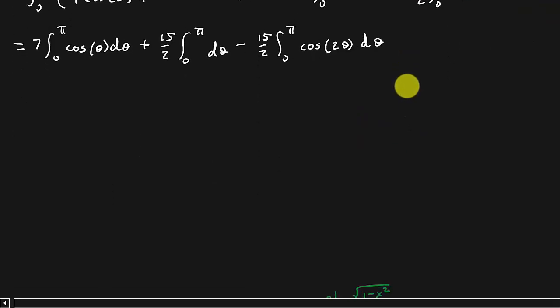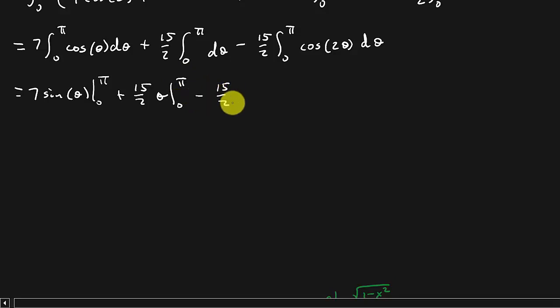All right. So now I'm ready to integrate all this stuff. Well, that's easy there. That's 7 sine theta from 0 to pi plus 15/2 theta from 0 to pi minus 15/2.